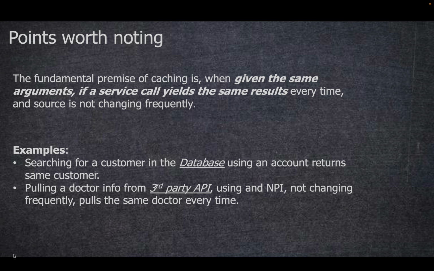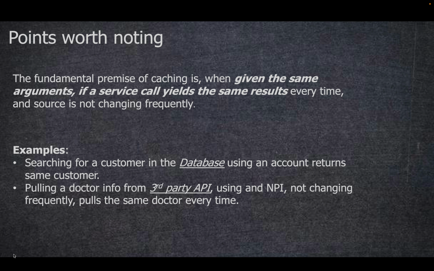The fundamental premise of caching is: given the same arguments, a service call yields the same results every single time and the source is not changing frequently. I copied this from, I think, the Spring documentation, or maybe one of the Redis sites, but this is the definition. This is the fundamental premise that is documented there.